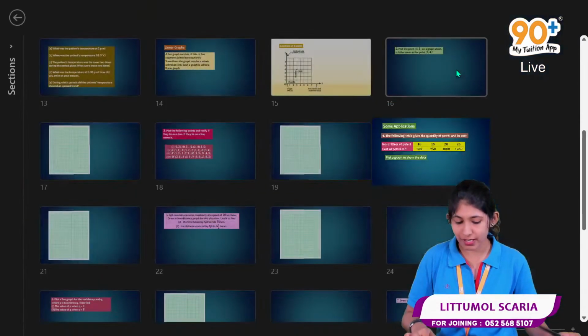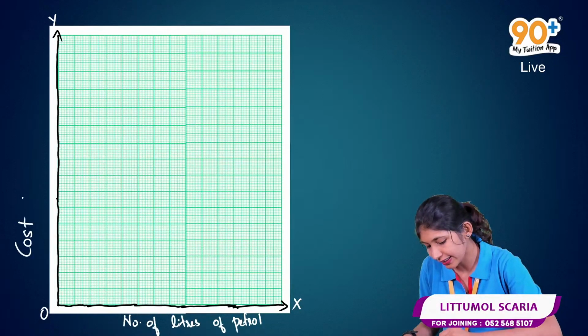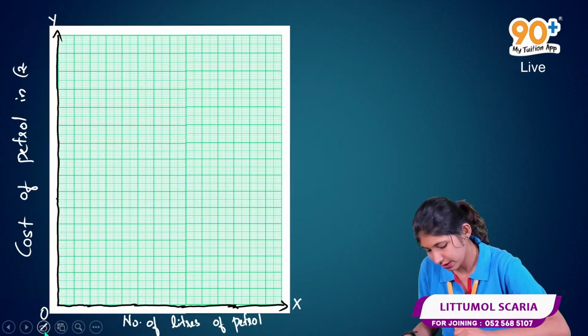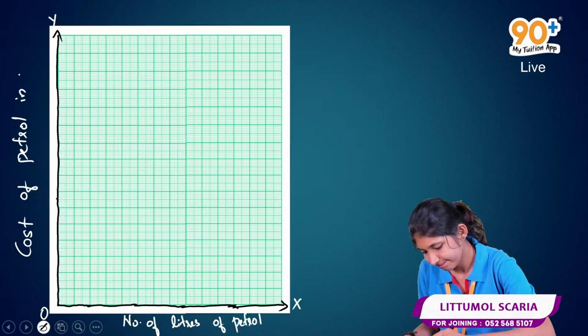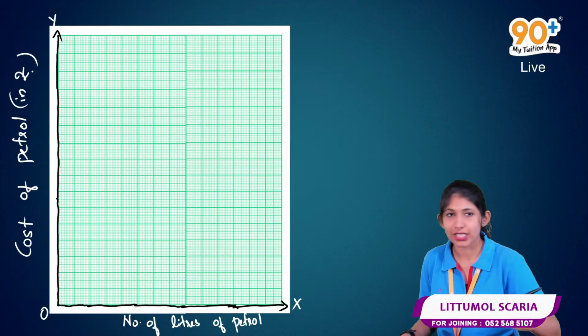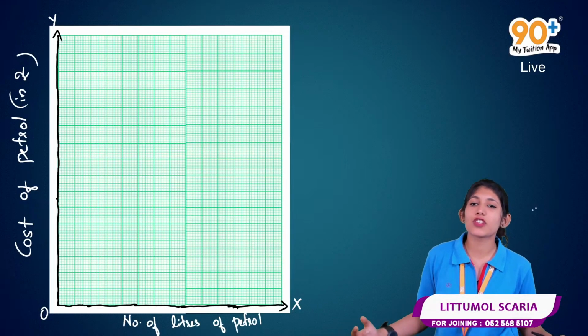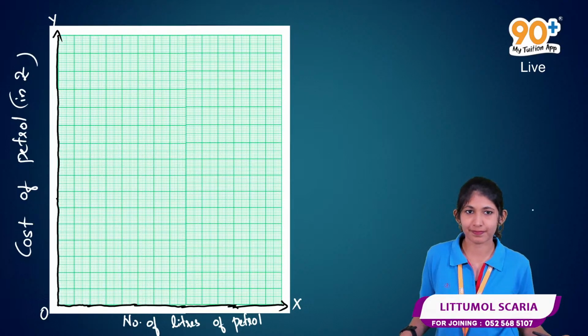Now the cost on the y-axis. But why did we write like that? Any idea? Dependent, independent, do you remember anything? Let me ask you, when the number of liters of petrol increases, what happens to the cost? The cost should also increase, ma'am.